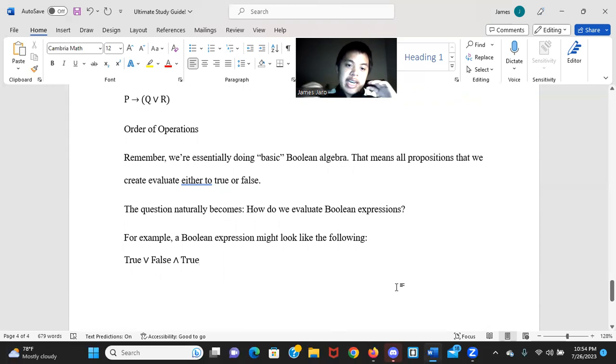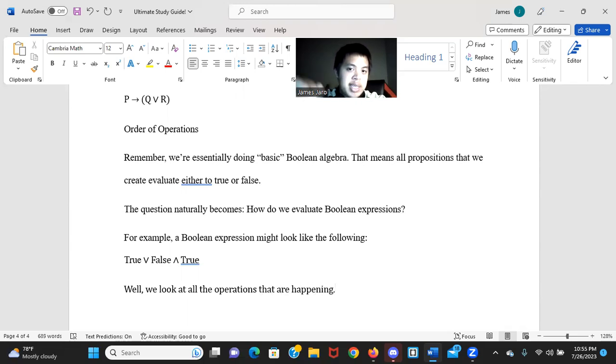So, how do we evaluate this? Well, we look at all the operations that are happening. Those operations would be, for example, some sort of XOR, biconditional, implication, negation, any of those.